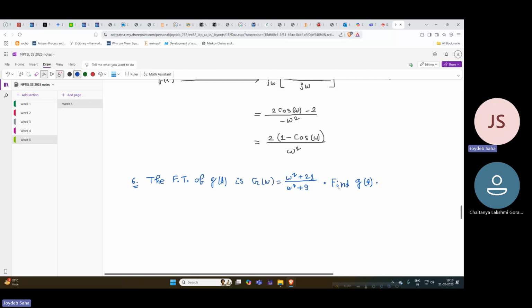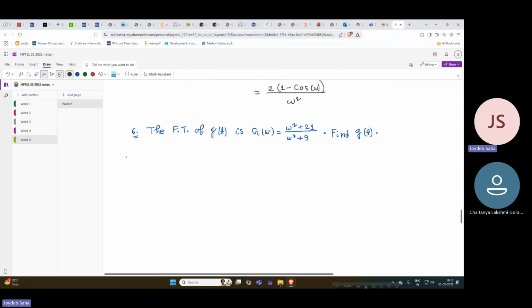Okay, so I will solve it for you. Given G(omega) is (omega square plus 21) upon (omega square plus 9).